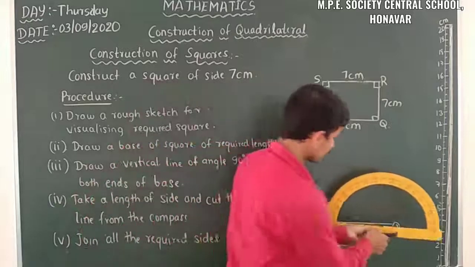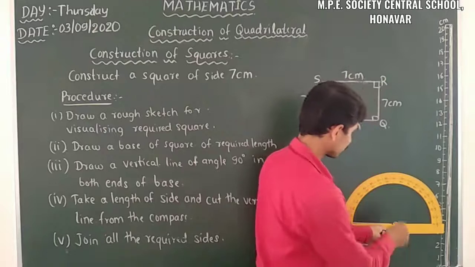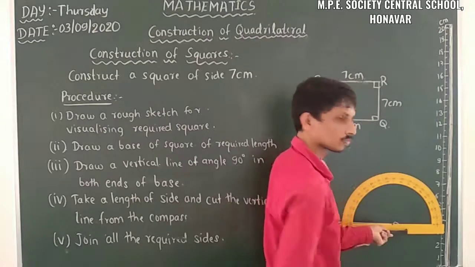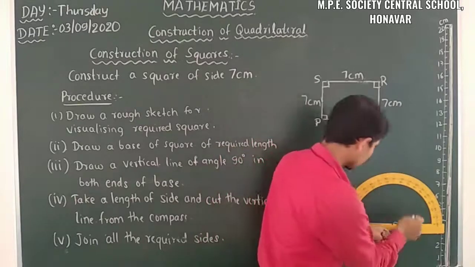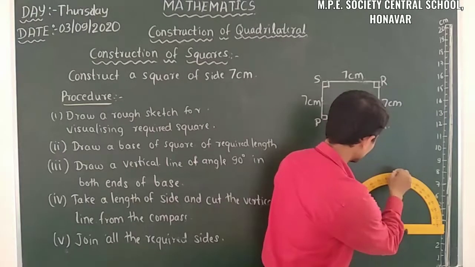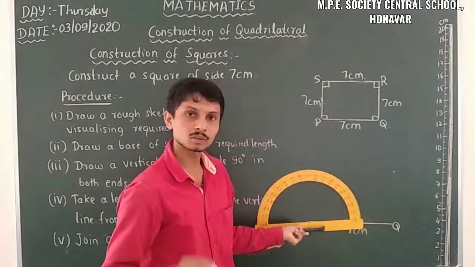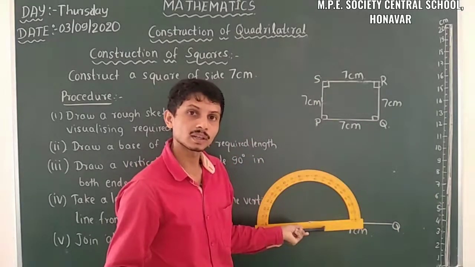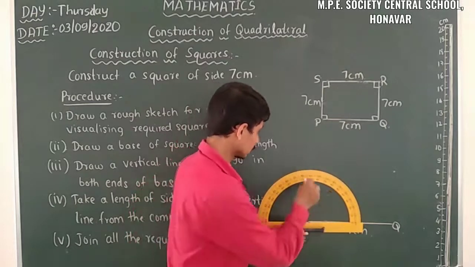So here firstly we have to take, yes, like this. Here you have to take a vertical line. Yes, so it's a 90 degree, and from P also you have to draw a vertical line. Yes, here like this.